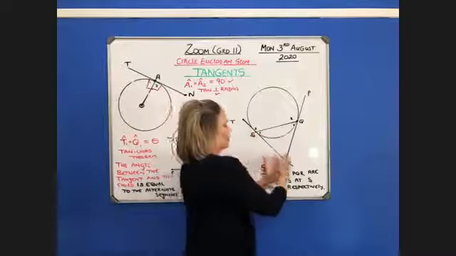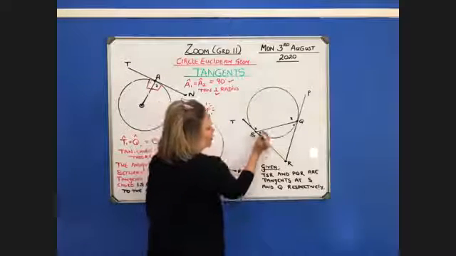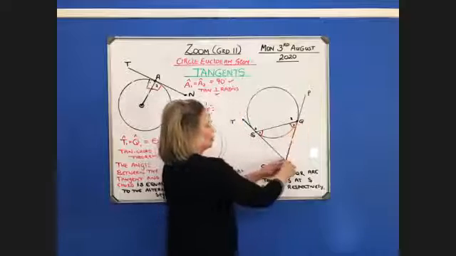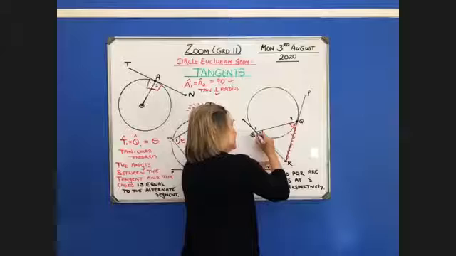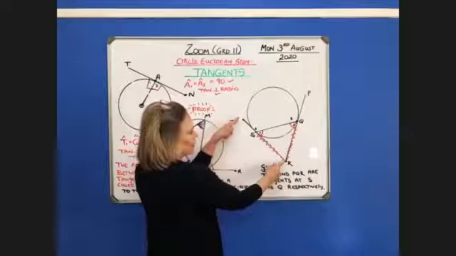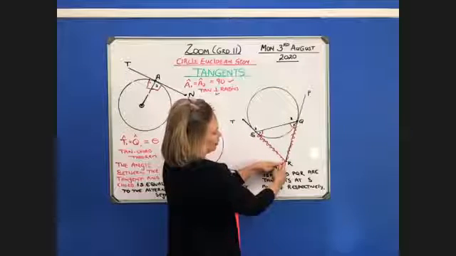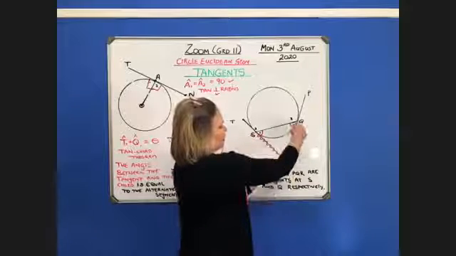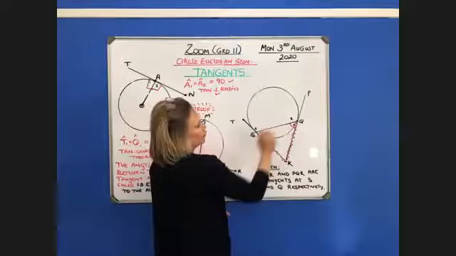Now remember, when you're given two tangents from the same point, then those two angles are equal, because these tangents will be equal in length. Not the whole tangent, just from where it starts outside the circle to the point of touch.